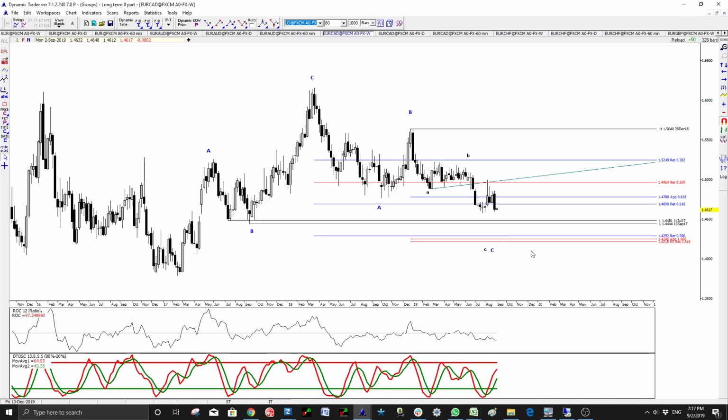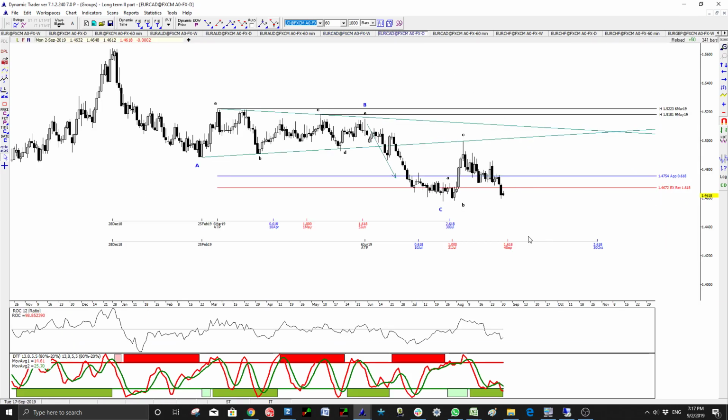If we get long, we will get a nice buying signal right over here in this area. Then of course my long-term target would be the B wave high. The market usually tends to go after that, which tells you that the pattern is completed, and that would be my long-term target. The short-term target would be 50% of the whole downward movement, I mean the whole C wave, sorry.